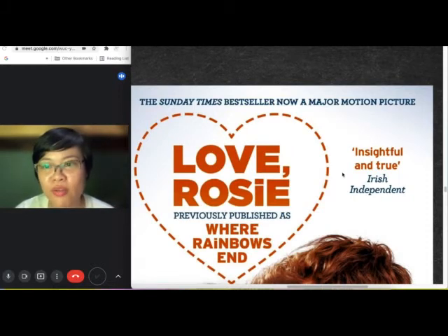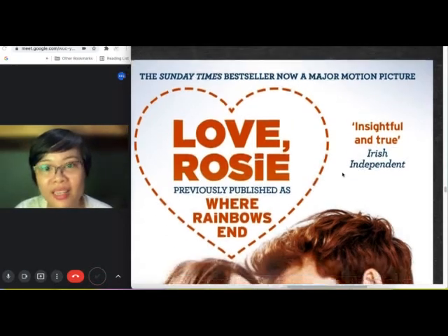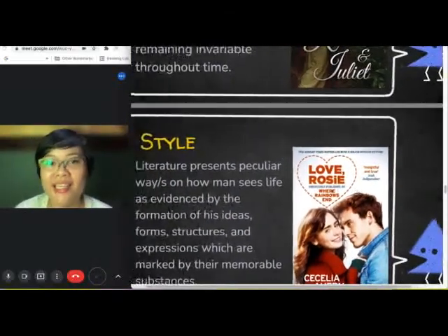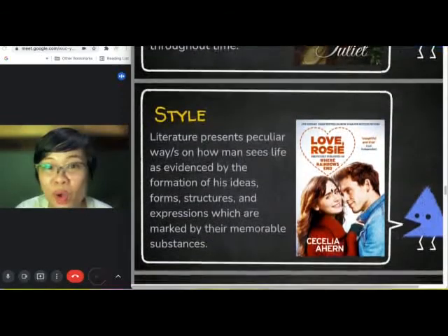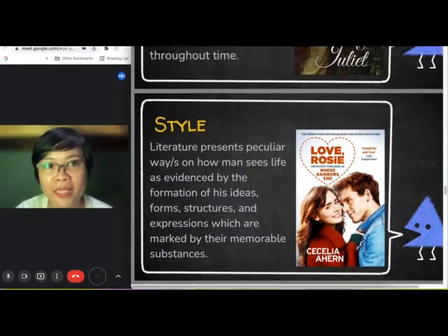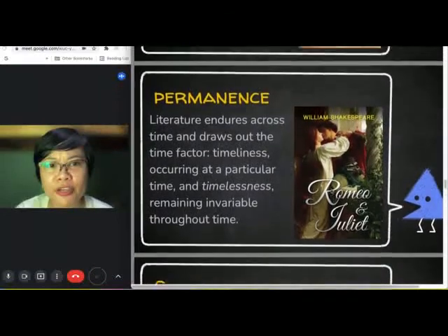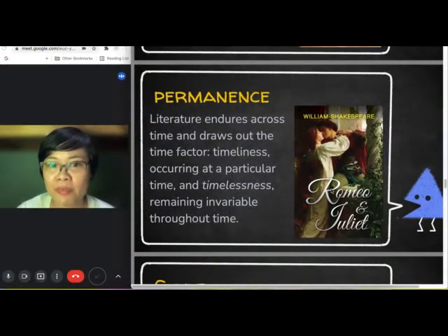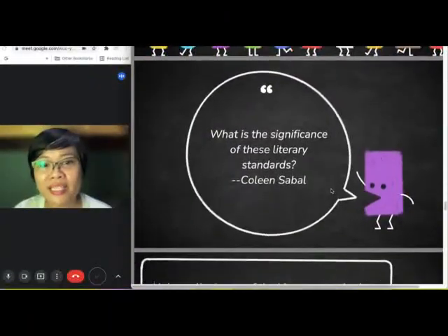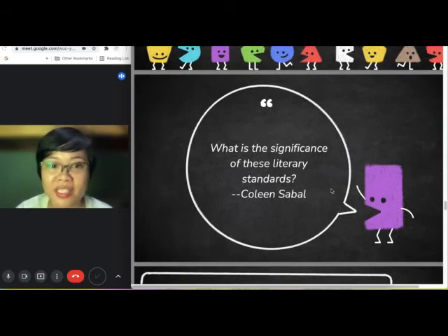How can we say that they are the bestseller? Because a lot of people read them, right? So there is a universality. A lot of people watch the movies, for example, Harry Potter, right? And even after centuries, people still fall in love with Romeo and Juliet. There is permanence. Okay. So that's how significant literary standards are.